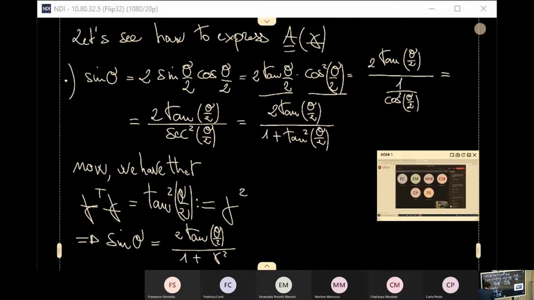Okay, so this is the first, let's say, result that we were searching for. Okay, because we have expressed the sine in terms of the gammas.